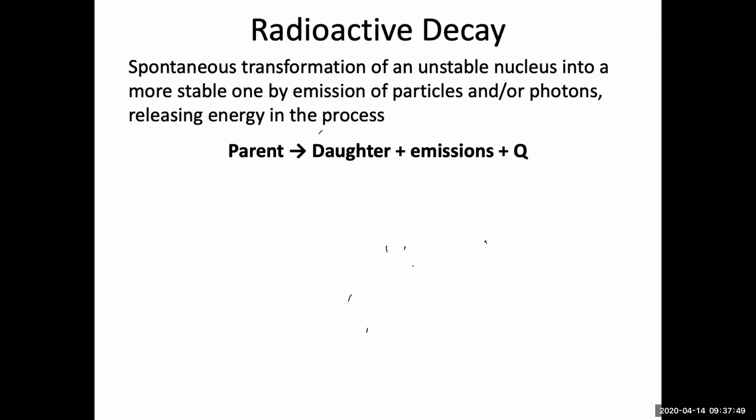The process is usually described using this equation, where the unstable radioactive nucleus is referred to as the parent, and the more stable product nucleus is the daughter. And the emissions are whatever is emitted: alpha, gamma, or others. But what is Q here?